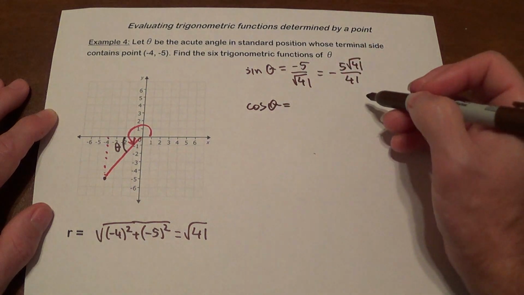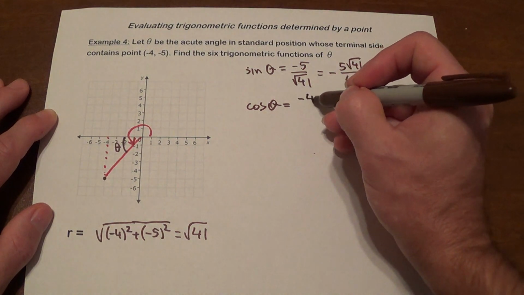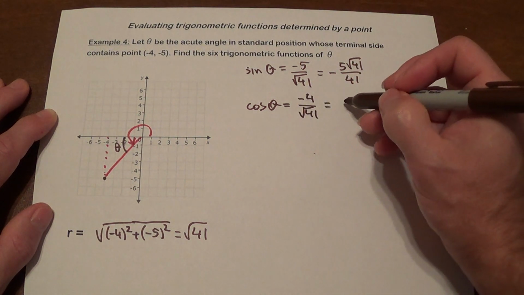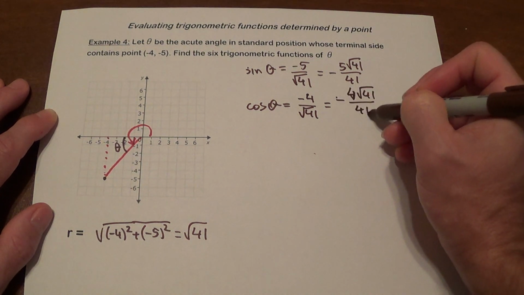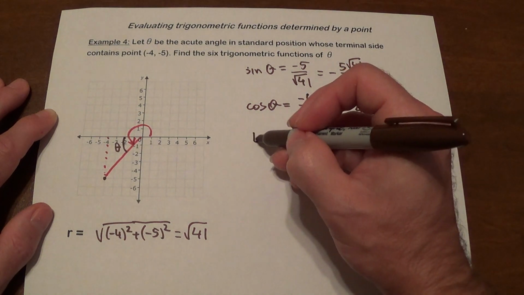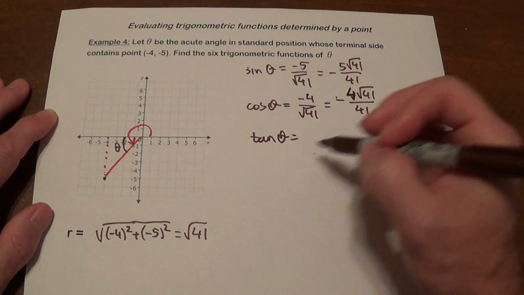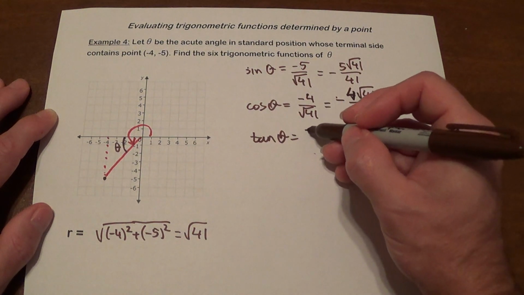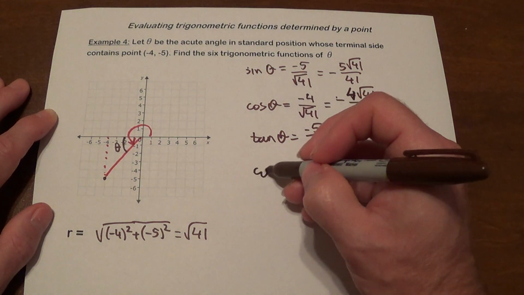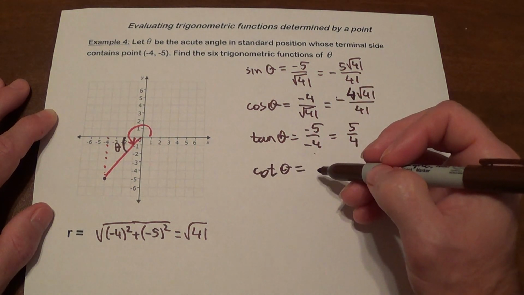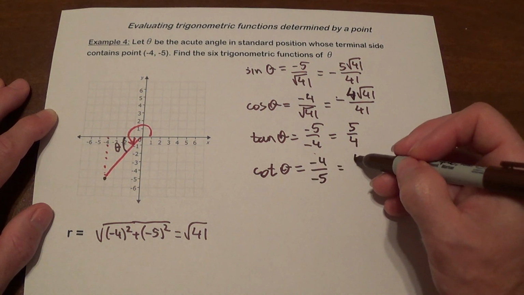Cosine theta is going to be adjacent over hypotenuse, so it's negative 4 divided by square root of 41, which is negative 4 square root of 41 over 41. Tangent theta is going to be opposite over adjacent, so it's negative 5 over negative 4, which actually turns out to be positive 5/4. Cotangent theta is going to be adjacent over opposite, which is negative 4 divided by negative 5, which is going to be 4/5.